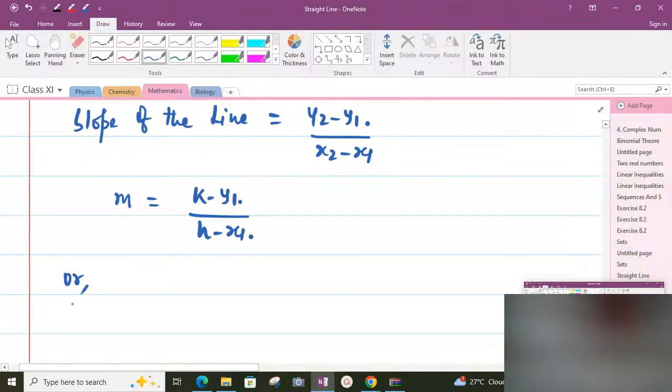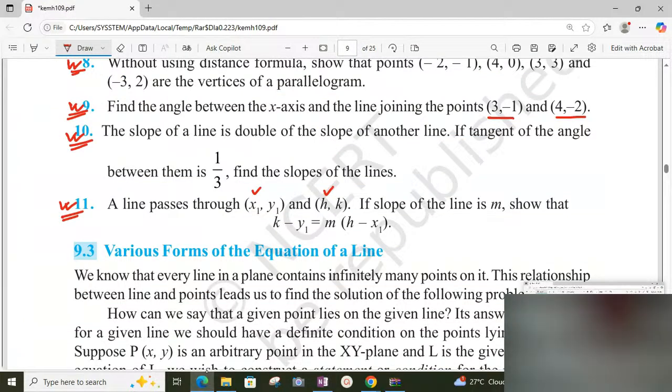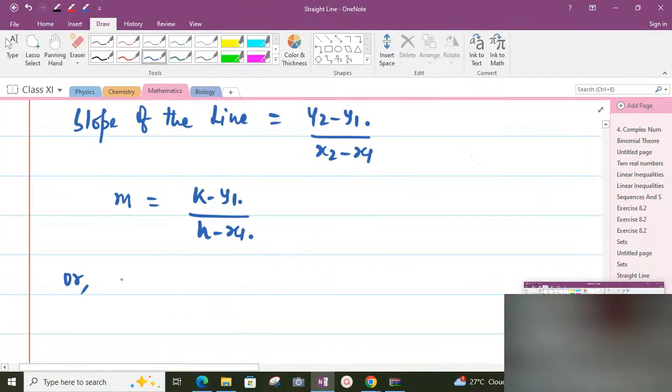Now by cross multiplication we get k minus y1 equals m into h minus x1, which is proved.